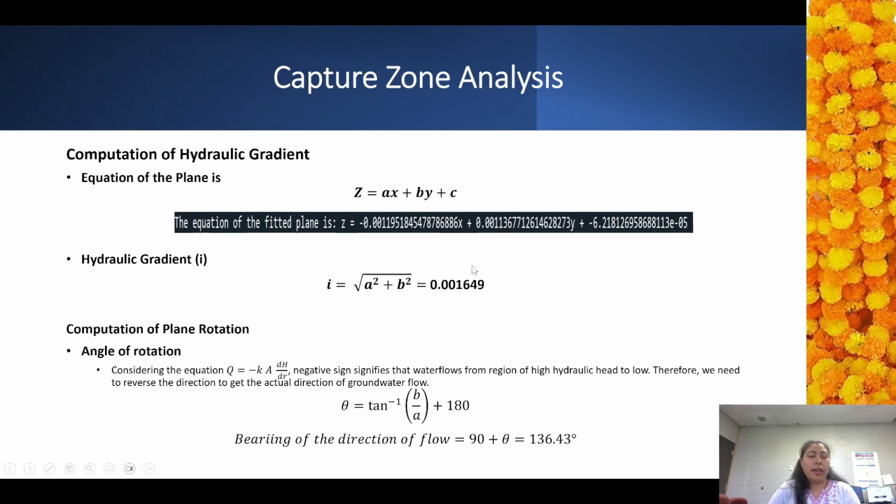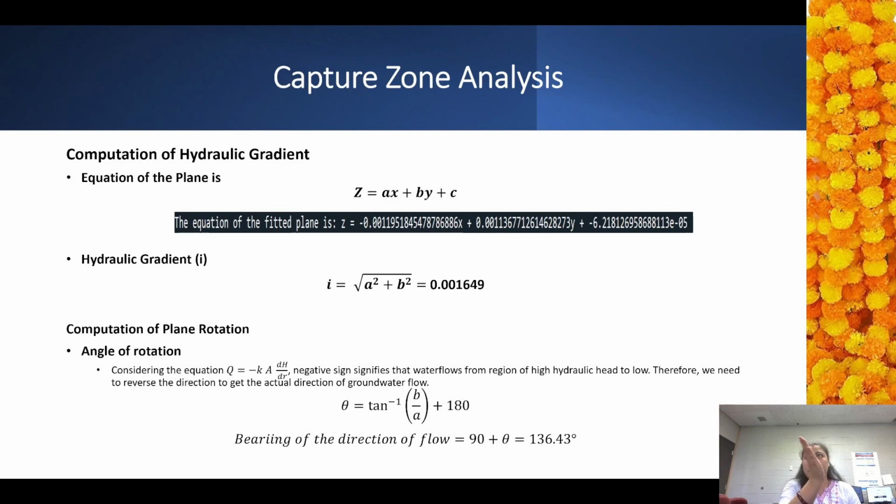So we get the hydraulic gradient of the golf course area in Jefferson County, where our village is located, as 0.001649. And for the real field, we have assumed that the capture zone is parallel to the y-axis, but in the real field it's not the case, because water is always flowing from higher gradient to lower gradient, which is towards the Gulf Coast in our region.